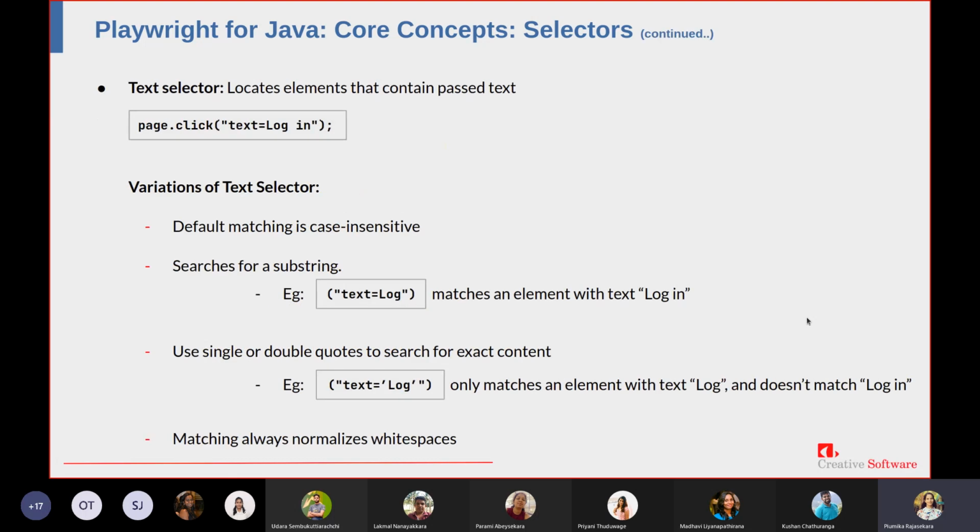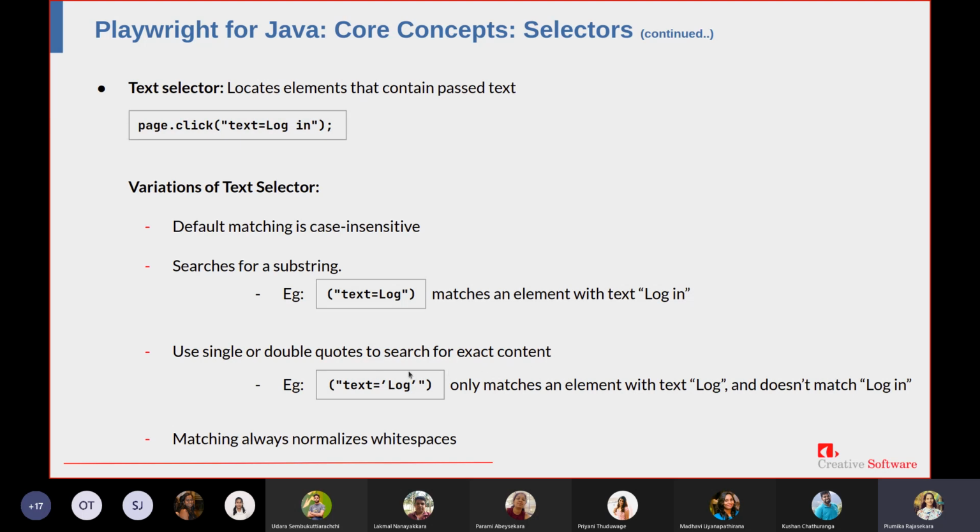We'll talk about a few selectors. Text selector locates elements that contain the parsed text. It has a few variations. Its default matching is case insensitive, so it doesn't care about the case of the text we pass, and also it searches for substrings.